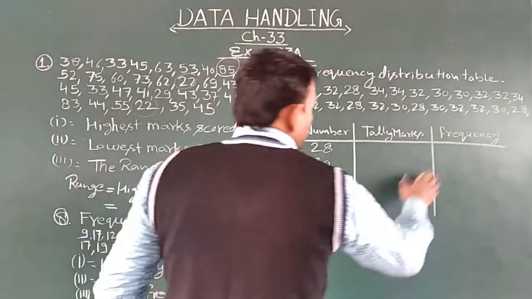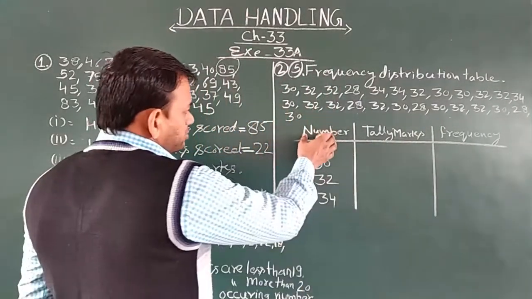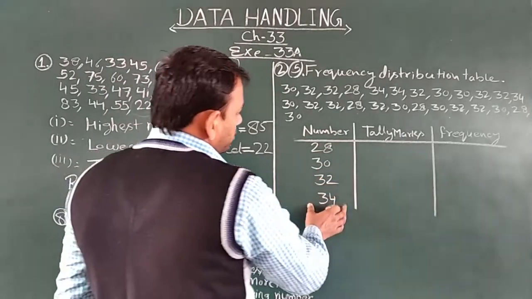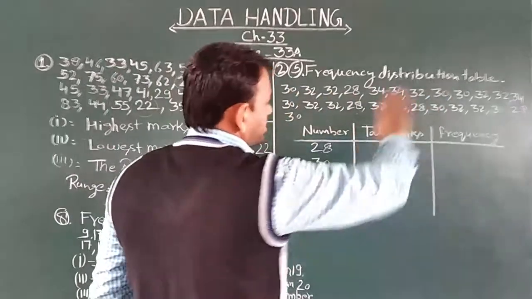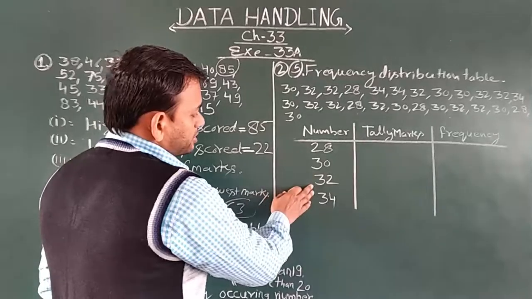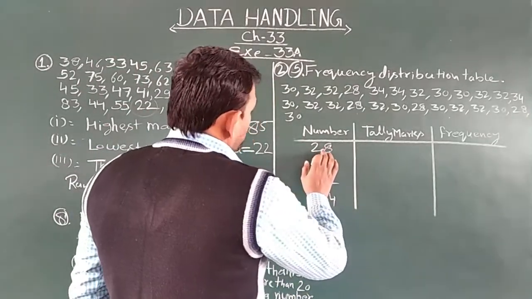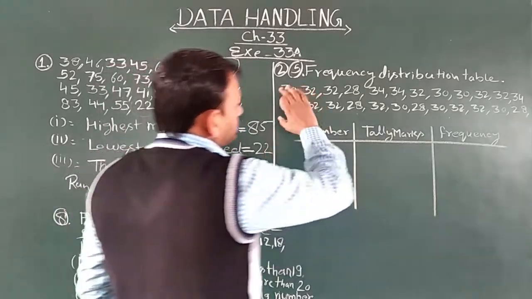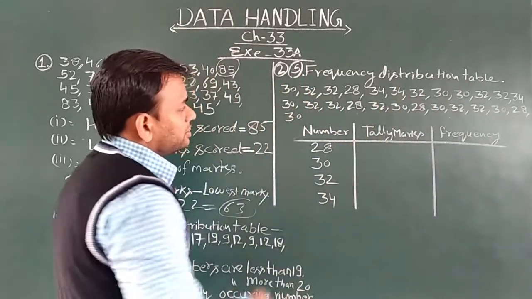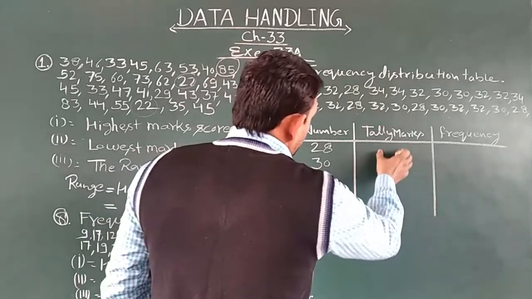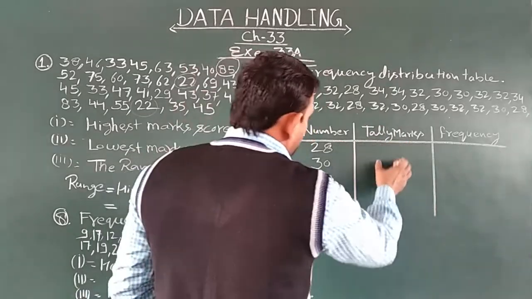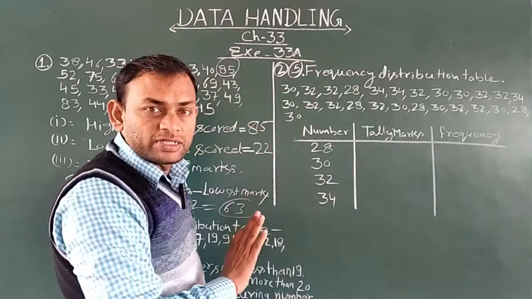So how do we fill the rest of the columns? In the first column we write all those 4 numbers given in the data: 28, 30, 32 and 34. Now we will see how many times 28 occurs in the whole data. We just count. In tally marks we write the counting of the given data.